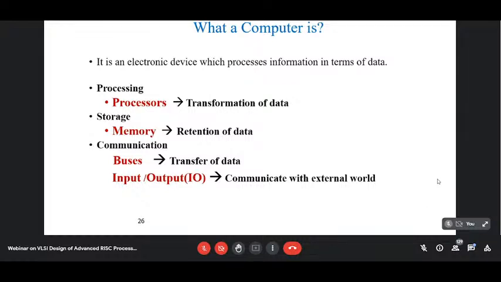Okay, before going into the design of the CISC, let's have a look at what a computer is. Even though all of you are aware of it, I'm just trying to recapitulate the whole thing.